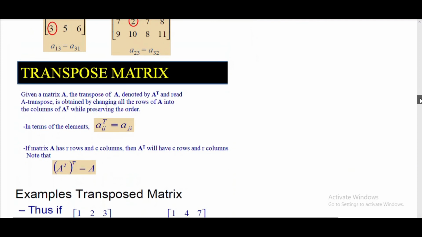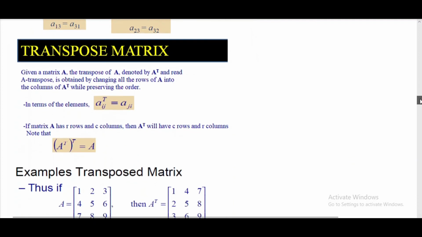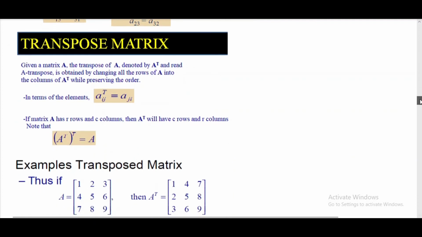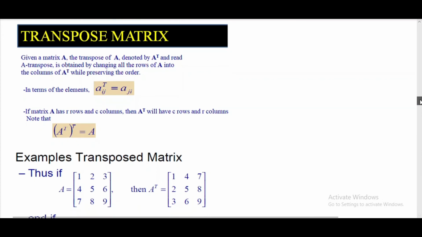Another definition is the transpose of a matrix. Given a matrix A, the transpose of A, denoted by AT and read as A transpose, is obtained by changing all rows of A into the columns of AT while preserving the order.